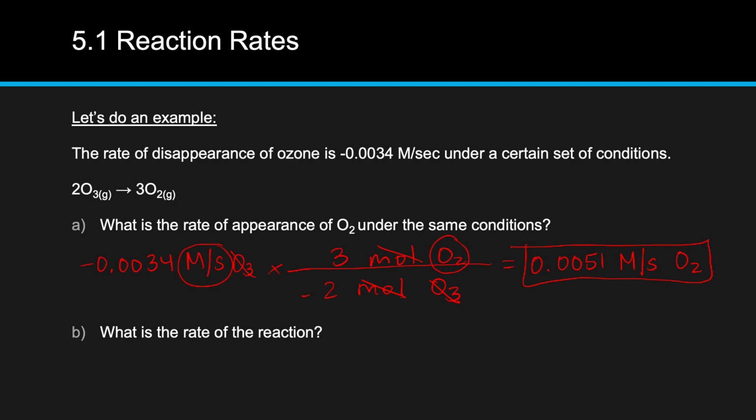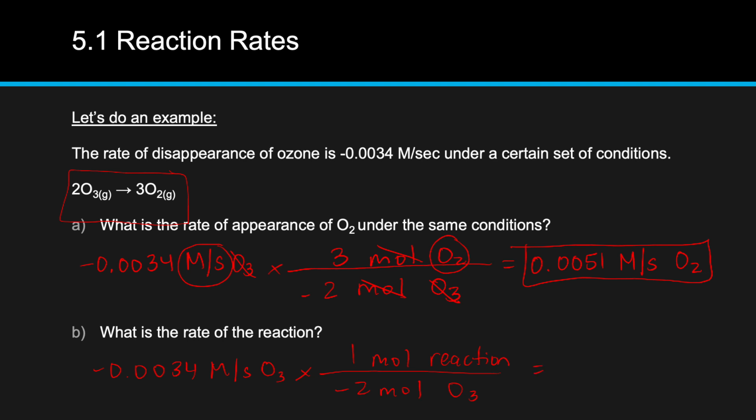Then for B, we're looking at the rate of the reaction. This reaction shown here is for one reaction, so we can actually use that stoichiometrically in order to solve for the rate of reaction. We are given negative 0.0034 molarity per second of ozone. And we know that in 1 mole of reaction, we have negative 2 moles of ozone.